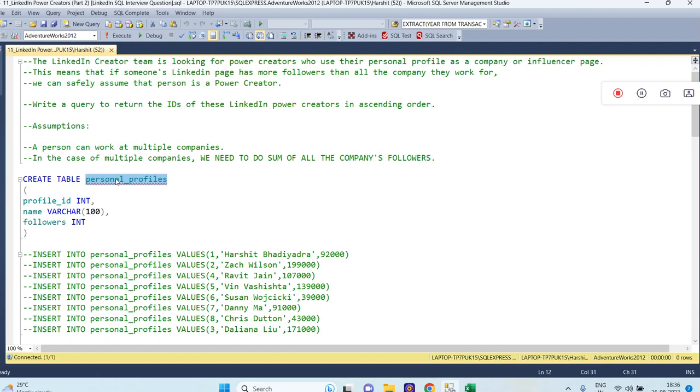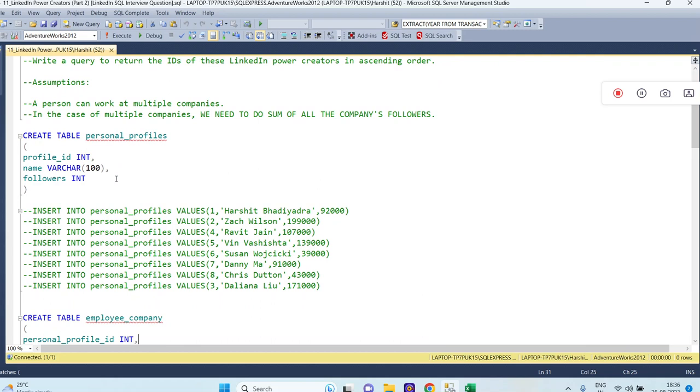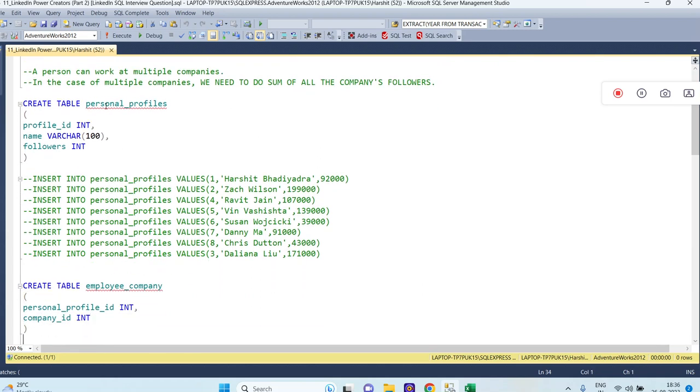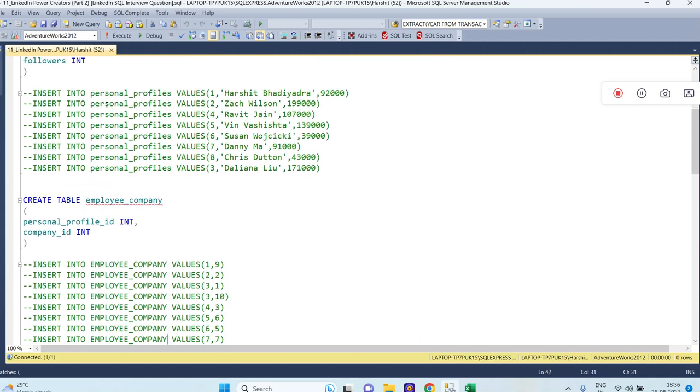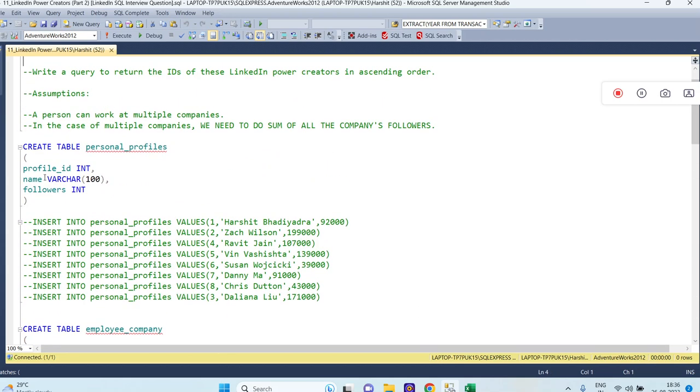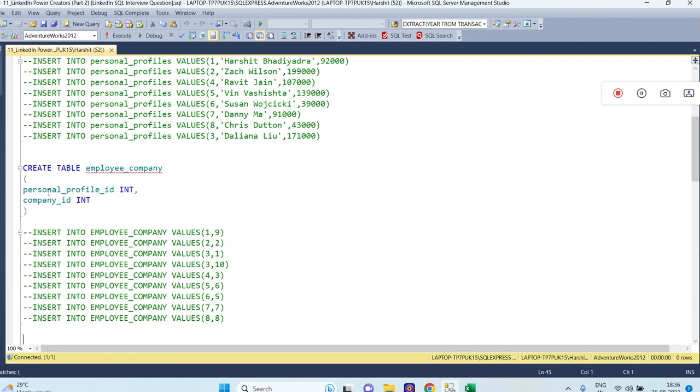So now here they have given us the tables: personal profiles, then employee company. In the personal profiles, we have profile ID, name and followers. These are the individual's followers. Now employee company: in that, personal profile ID and company ID are given.